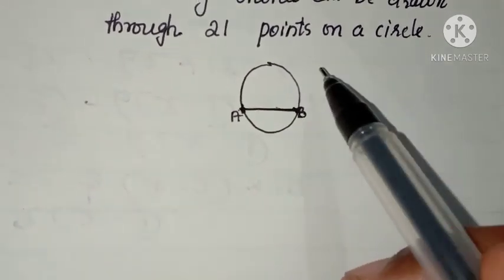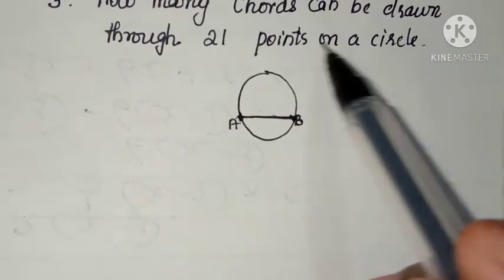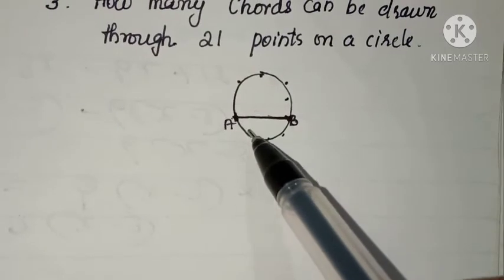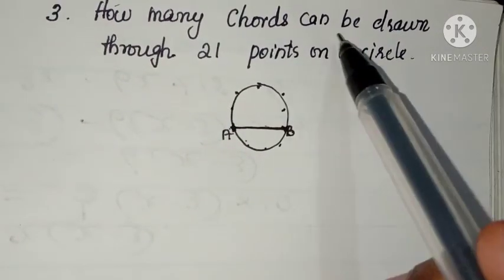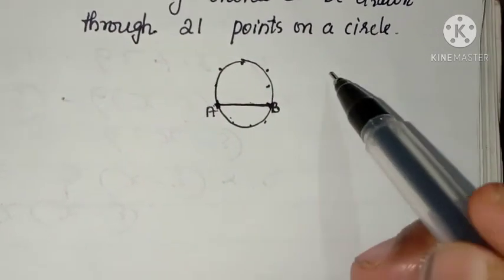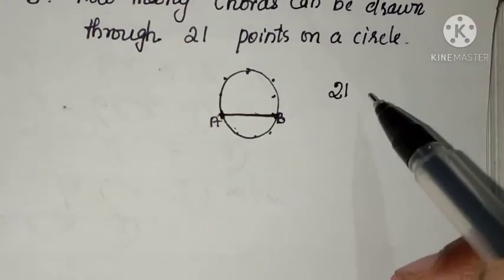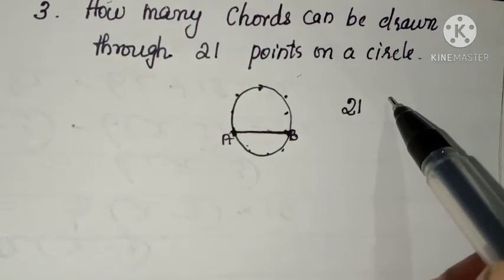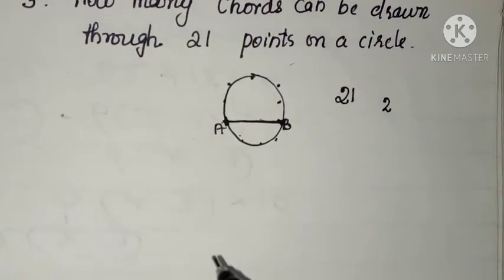So listen, on a circle there are 21 points. So using these 21 points, how many chords can be drawn? That's our question. So total number of points is 21, and to make a chord we need to take 2 points at a time.